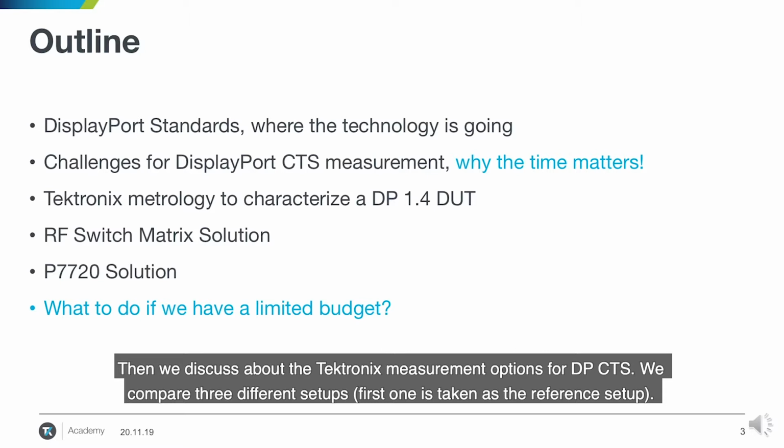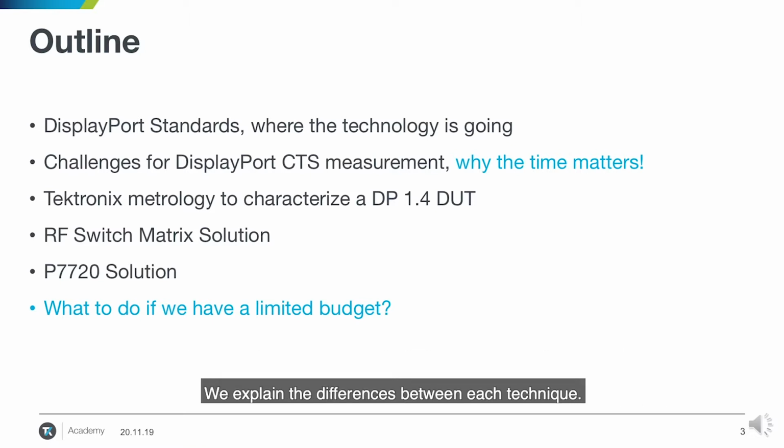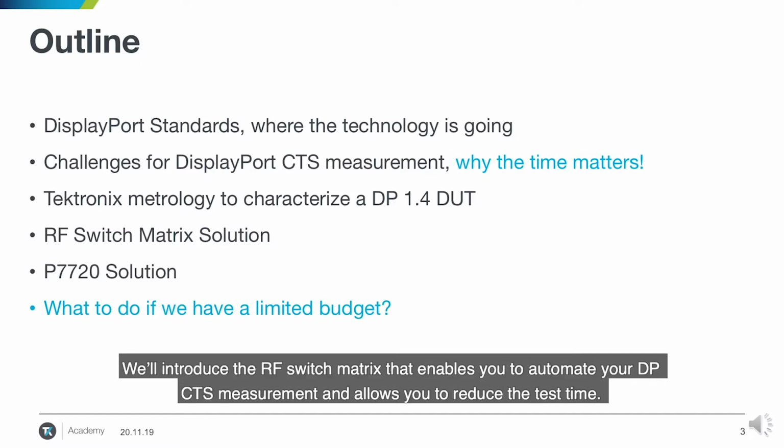We compare three different setups. First one is taken as the reference setup. We explain the difference between each technique. We'll introduce the RF switch matrix that enables the user to automate the DisplayPort measurement and allows the user to reduce the test time.